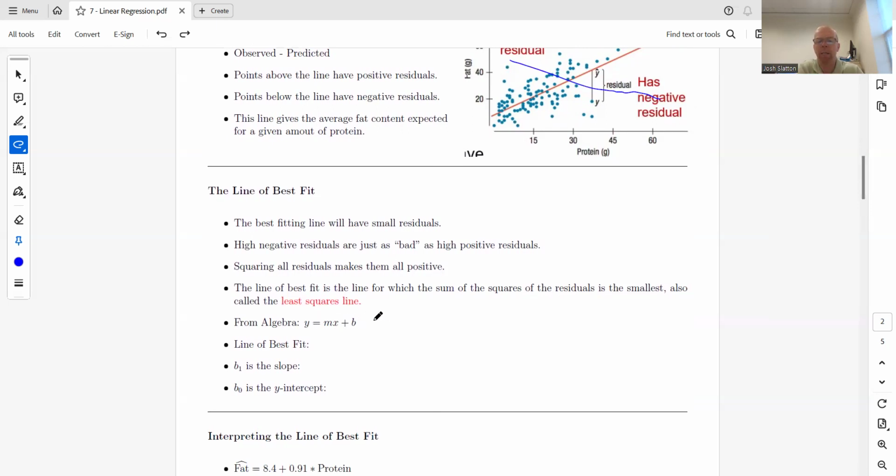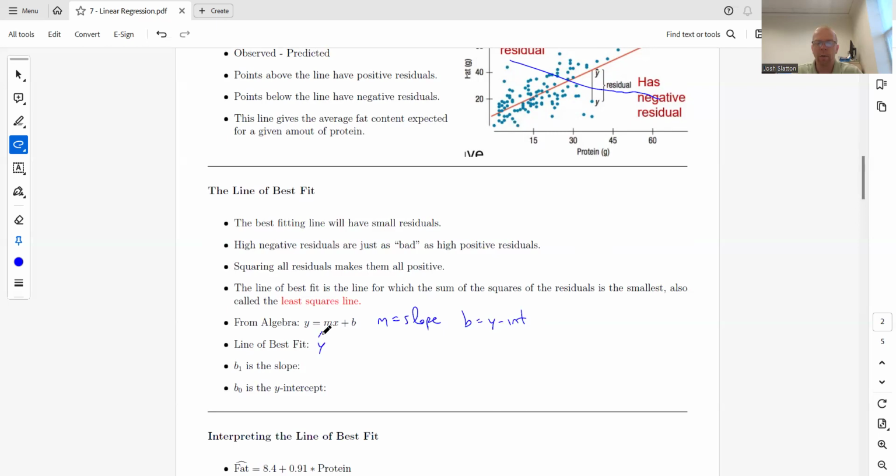All right, so from algebra, linear equations, linear functions, have this form: y equals mx plus b. M, of course, is the slope, which everyone probably knows, and b is the y-intercept. The line of best fit is an equation of a line, so it's going to look like y equals mx plus b. We do this a little bit differently here, though.